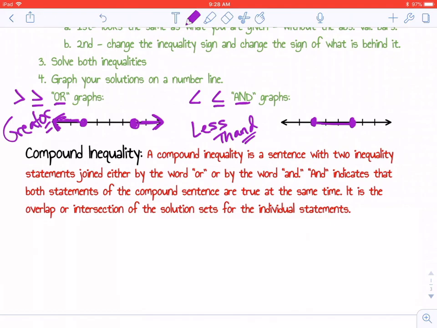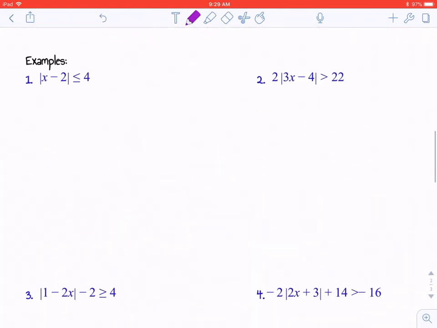So, for example, if you have x is greater than 2 and x is greater than 4, you would just simply graph x is greater than 4, because that would include the numbers that fall into both of those categories. There's no need to graph numbers that are greater than 2 but not greater than 4. Like 3 would not meet this criteria, that x is greater than 4. So we'll take a look at those, like I say, with some other examples.